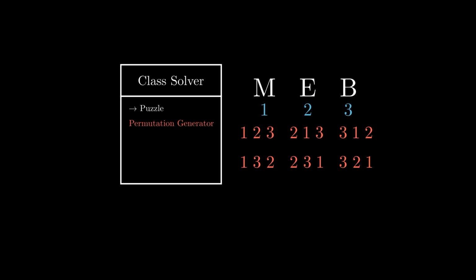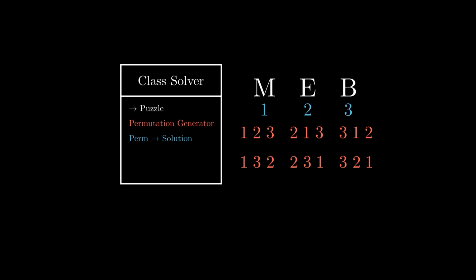Alright, now that we have a way to generate permutations, we also need a way to map each permutation to the letters that they should substitute. In other words, it makes sense for Steve to have some way to map a permutation to a possible solution. For example, let's consider one of the permutations we just generated.